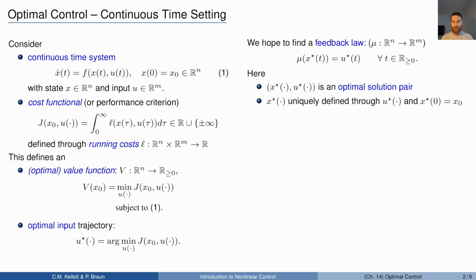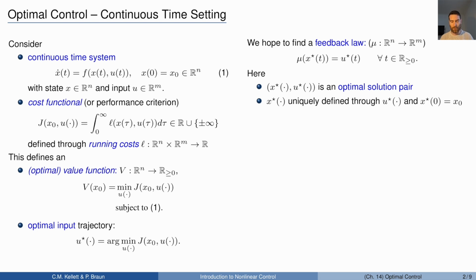And what we would actually like to have is a feedback law. So we would hope that the optimal input trajectory can be characterized through a feedback law, meaning that mu of x star of t can be written as u star of t, which then defines for us an optimal solution pair, meaning x star being the optimal solution and u star being the corresponding optimal open loop input.